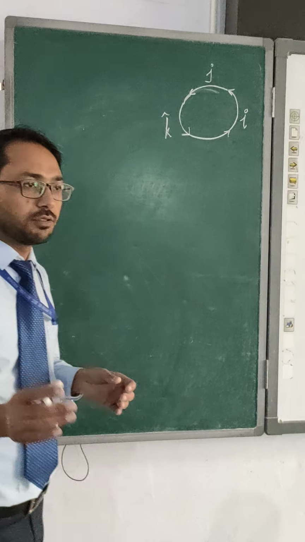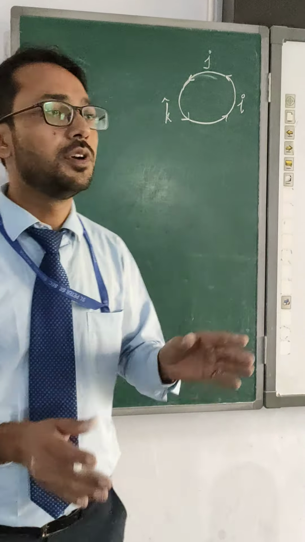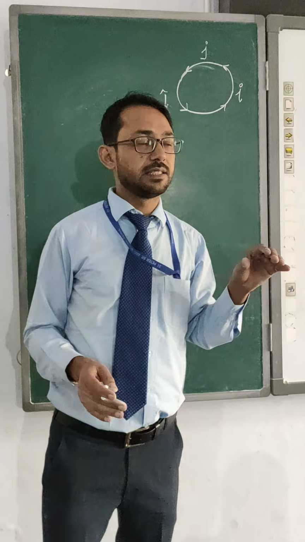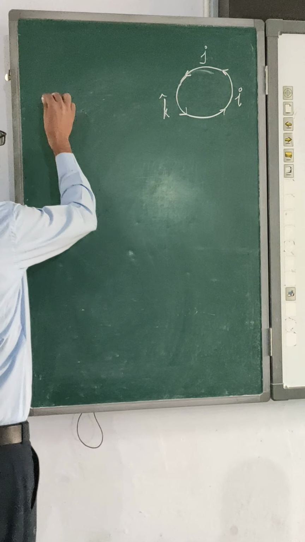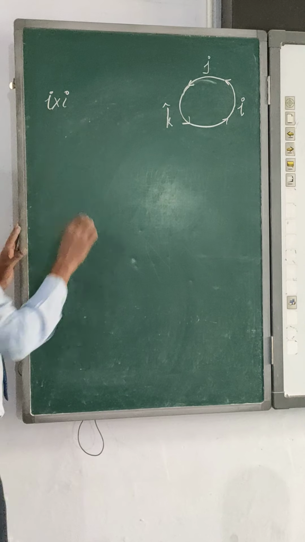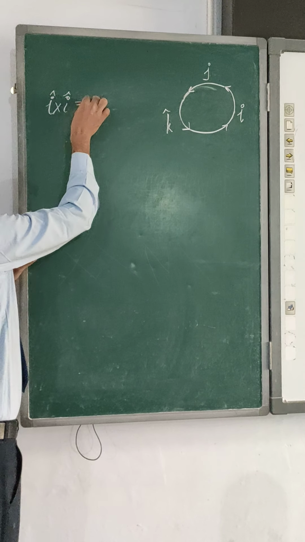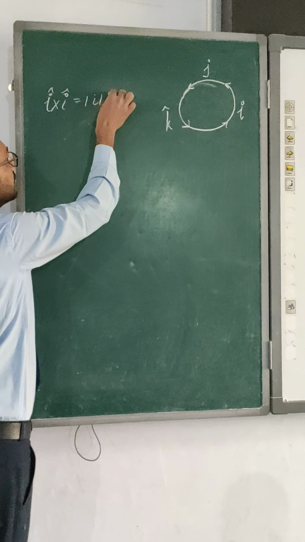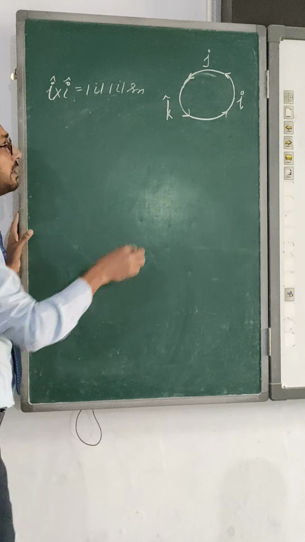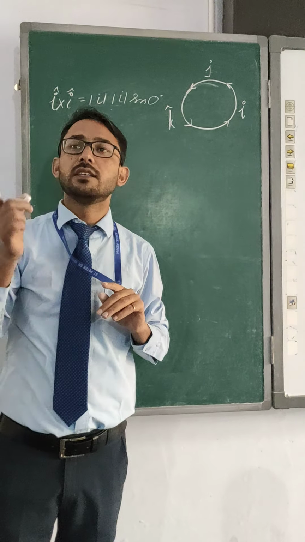See, now we are going to calculate the cross product of the unit vectors of the x, y, z axes. I am going to calculate I cross I first. I cross I will be mod I mod I sine of the angle between them. The angle between same vectors is 0 and the value of sine 0 is 0.